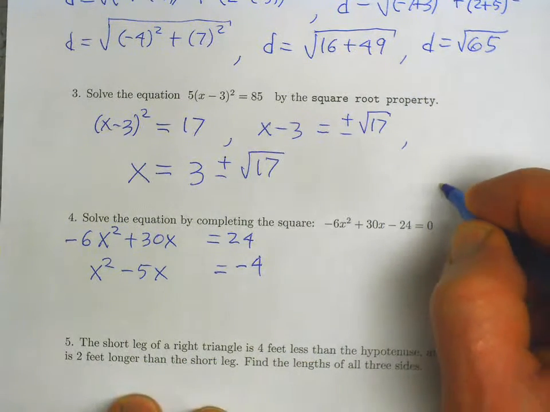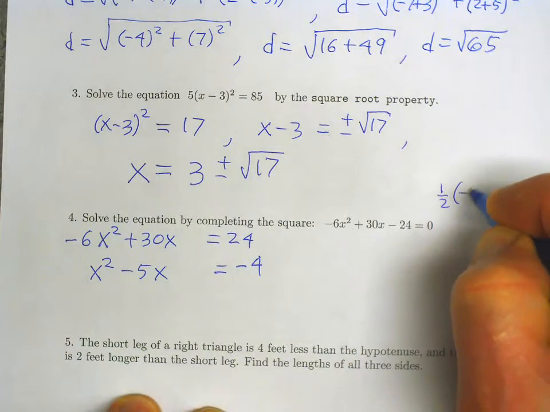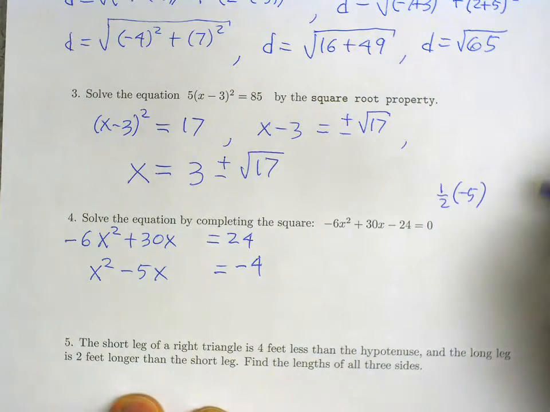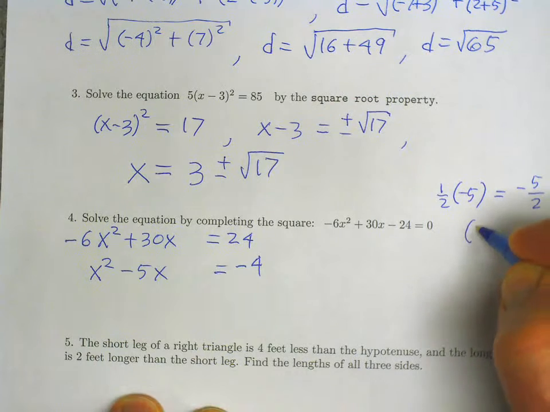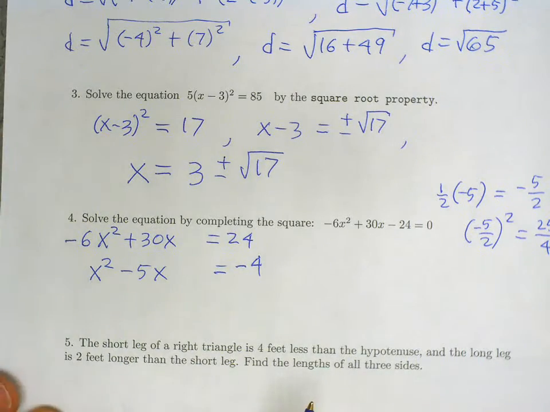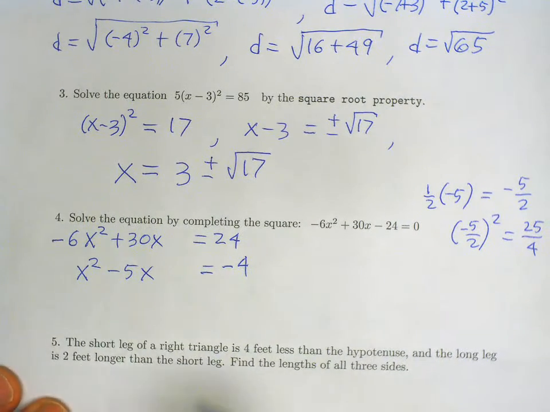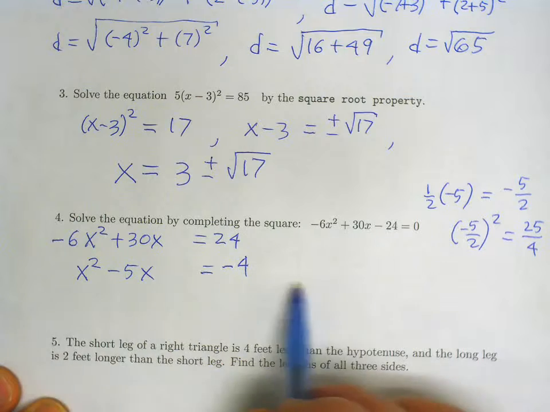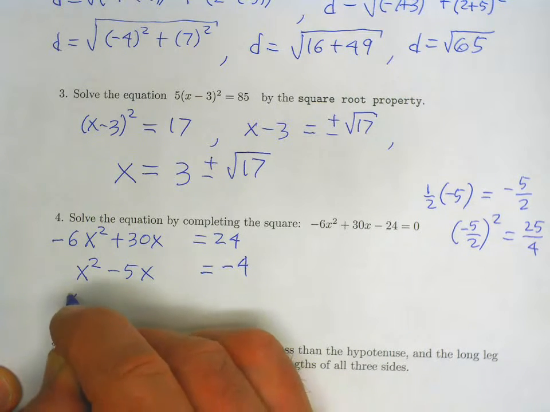We're going to take 1/2 of -5. 1/2 of -5 is -5/2. And then we square that number. When we square the number -5/2, we get positive 25/4. So we add 25/4 to both sides of this equation.